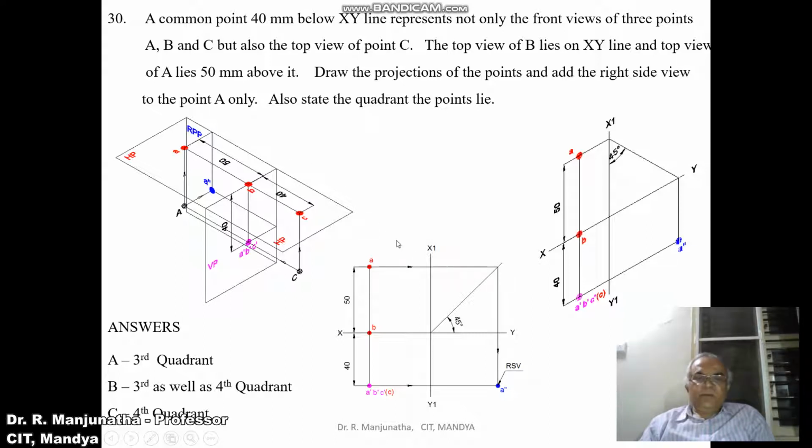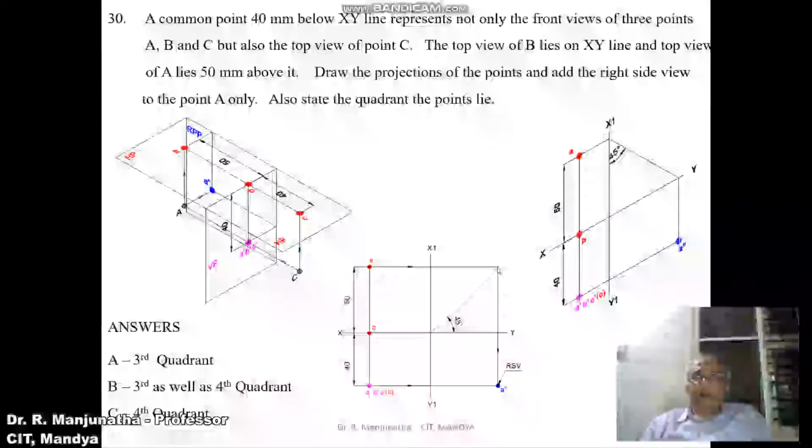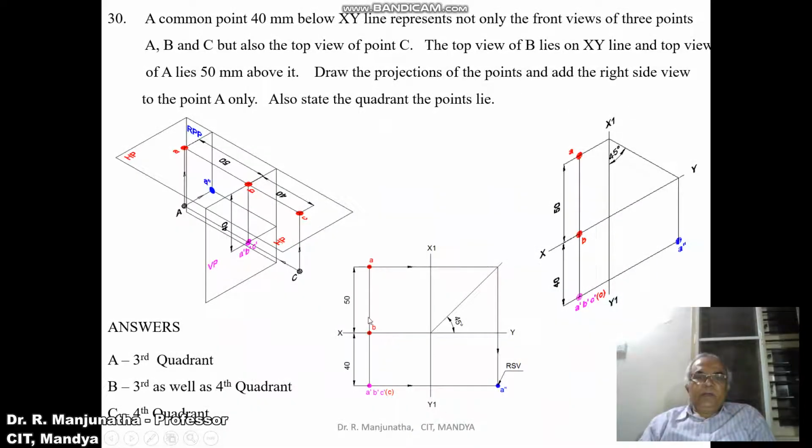Since the top view of the point A is here, you use the protractor. By using the protractor, you measure an angle of 45 degrees adjacent to the top view of A and draw a 45 degree line. Then draw a horizontal projector from A to the 45 degree line, where it transfers the vertical distance of 50 mm into the horizontal distance.